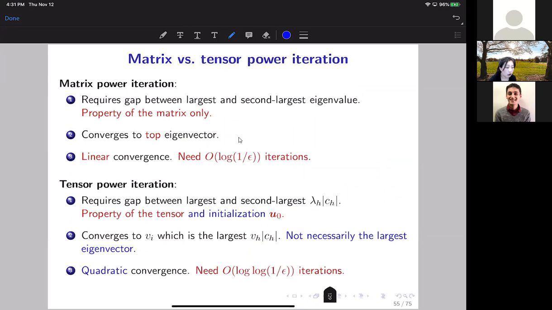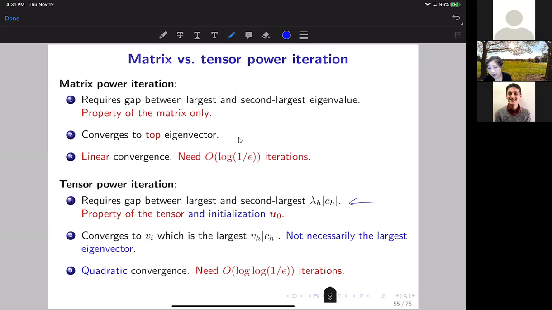Whereas in tensor power method, it requires the gap between the largest and the second largest lambda h times C h, the initialization, right? So it's not only the property of the tensor, but also the initialization of the power method that matters. Okay, but for matrix power iteration, it always converges to the top eigenvector.